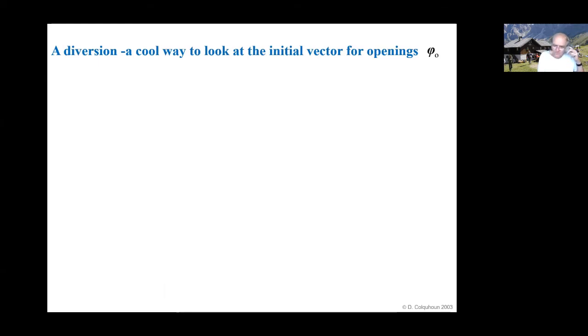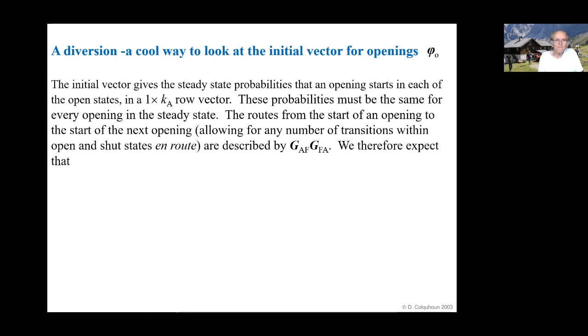We can divert for one slide here to notice a rather cool way of looking at the initial vector for openings. It gives the steady state probabilities that an opening starts in each of the open states. These probabilities must be the same from one opening to the next.